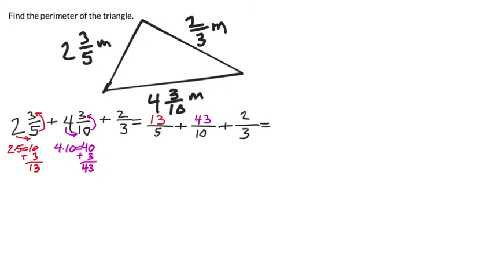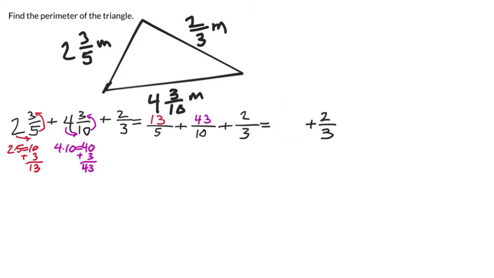I'm only going to be working right now with the 13/5 and the 43/10, which means we're still going to end up adding the 2/3, but I'm going to add the 13/5 and 43/10 in order to find a new value that I'm going to be adding to the 2/3 right there. So I'm just simplifying this from 3 different terms into 2 different terms. I don't know what it is, so that's why I'm keeping this blank.